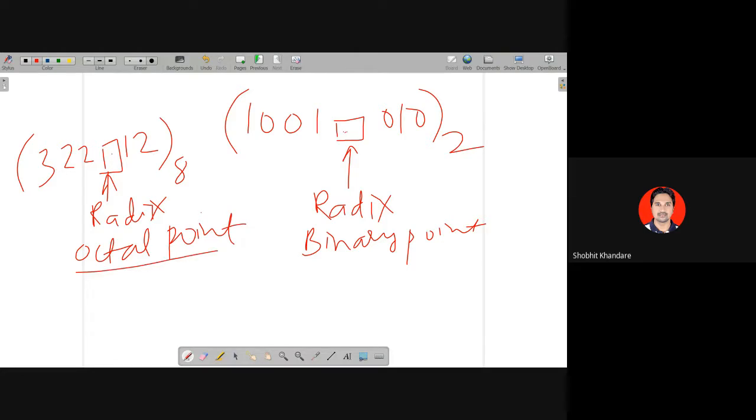So you have the octal point, the binary point, the decimal point, and the hexadecimal point. That all reflects the radix point. So for whichever number system we talk about, the radix point is named according to that number system: decimal point, hexadecimal point, octal point and binary point.